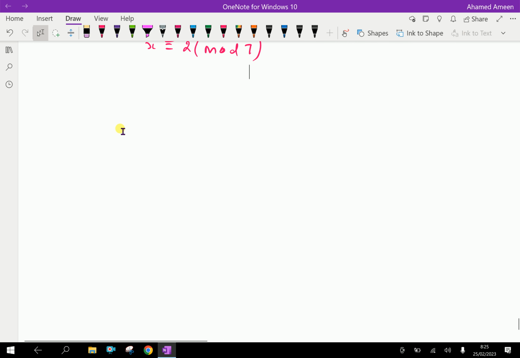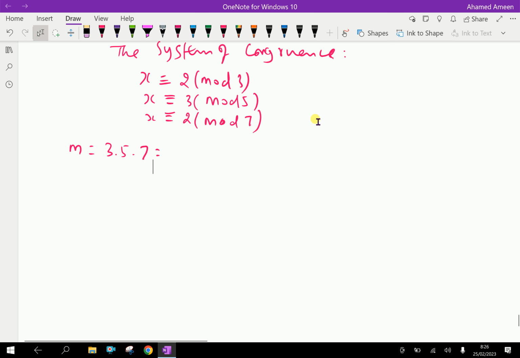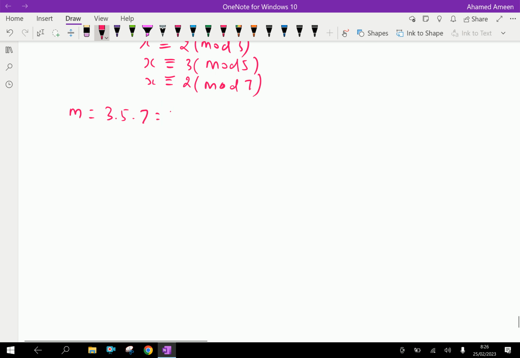Here, let m, the general modulus, be 3 times 5 times 7, because we have to multiply each of the moduli. 3 times 5 times 7 is 105. Now capital M1 is m over 3, which is 105 over 3, equal to 35.